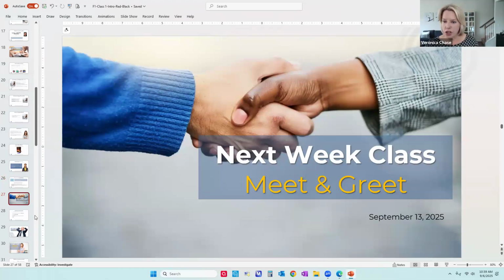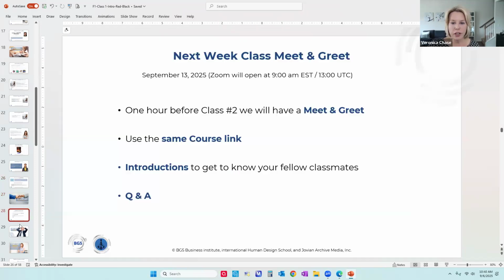The other thing I just want to note for the moment is that next week we will meet earlier. I will open the Zoom 1 hour earlier. So I'll open the Zoom at 9 a.m. my time. Remember, I'm on the East Coast in the US, so I'm on Eastern Standard Time, but that will be 1300 UTC. Today we started at 1400. So 1 hour earlier so that we can do a proper meet and greet with everybody.